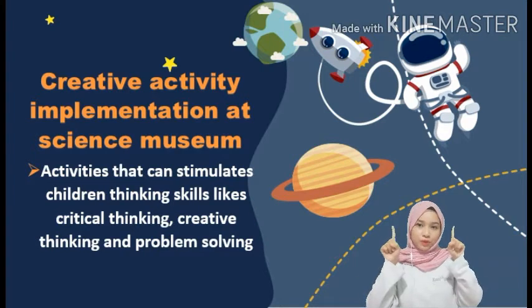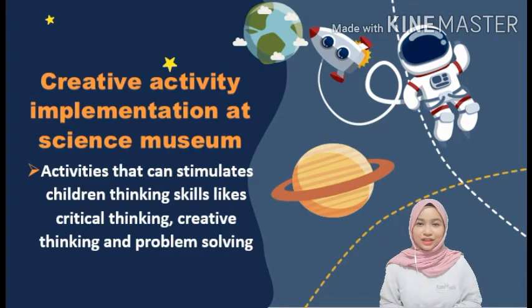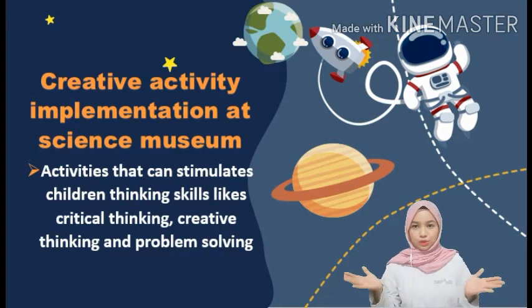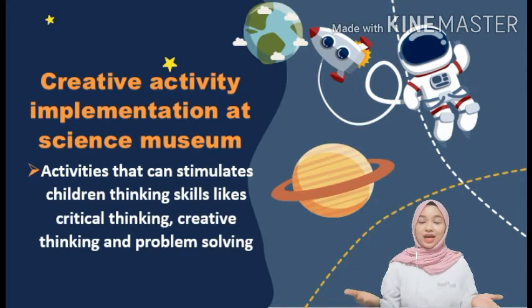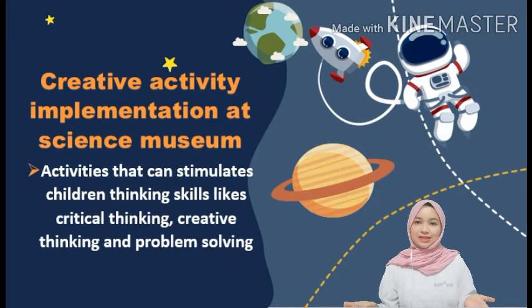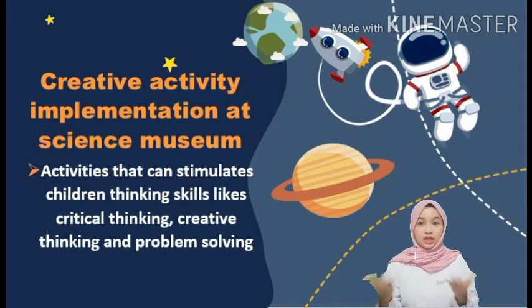So the first way on how to develop creative thinking in Science Museum is by creative activity implementation at Science Museum. So it is important to begin to introduce our children to creative activity at early age.